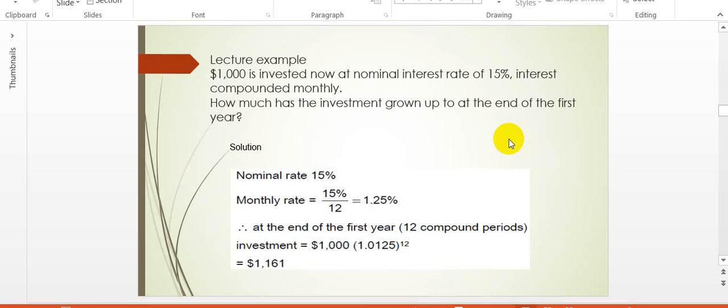We change this to a monthly rate by dividing by 12, which gives us 15% divided by 12 months equals 1.25%. Therefore, at the end of the first year, 12 compound periods, the investment will be worth 1,000 times 1.0125 to the power 12, which gives us $1,161.